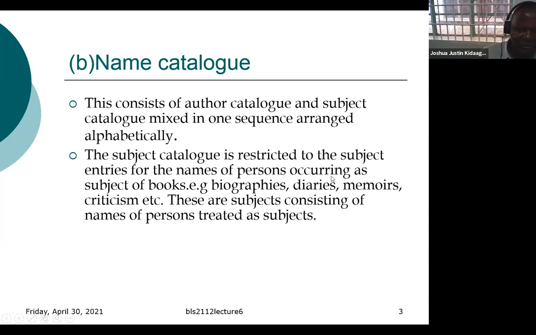So when we talk of a subject entry or a subject catalog combined with the author catalog we have seen, the subject catalog we are referring to are those names of individuals which are treated as subjects.